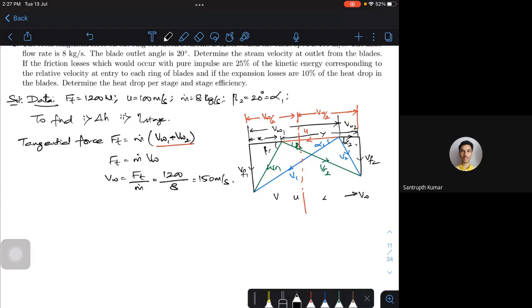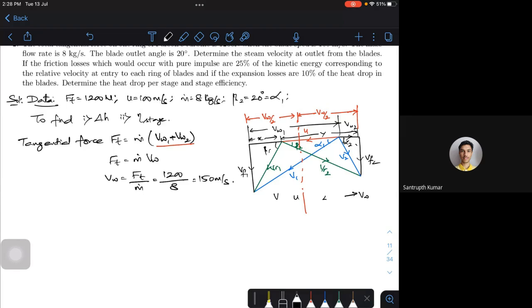You can solve this problem using the graphical method. With the graphical method, I can take a scale of 1 centimeter equal to 20 meters per second. Maybe then I can verify with the trigonometric method.